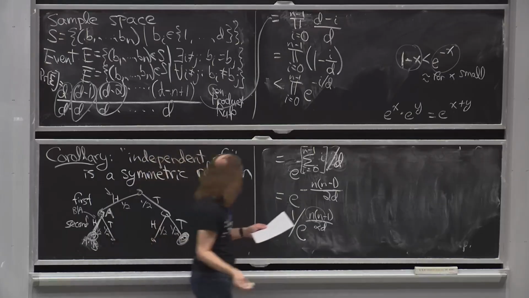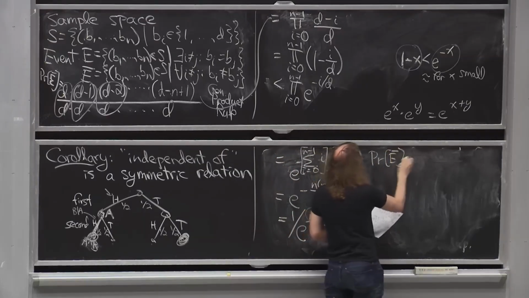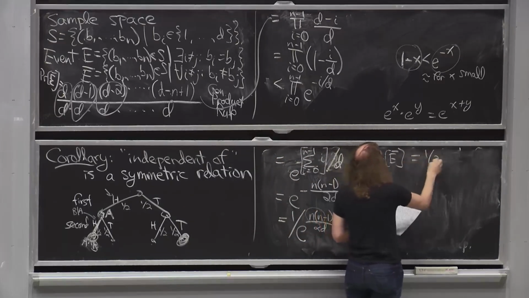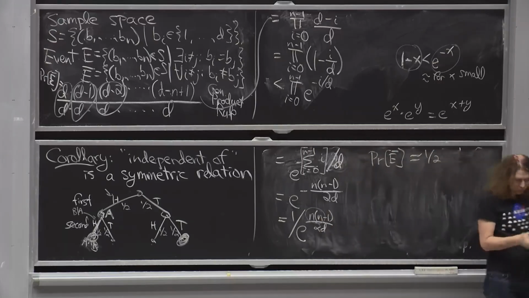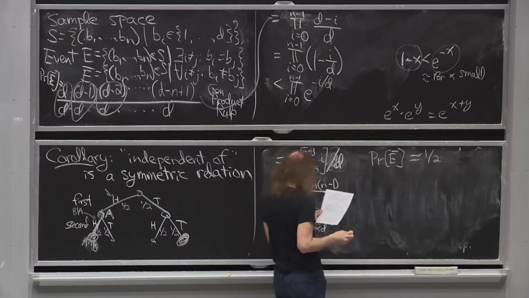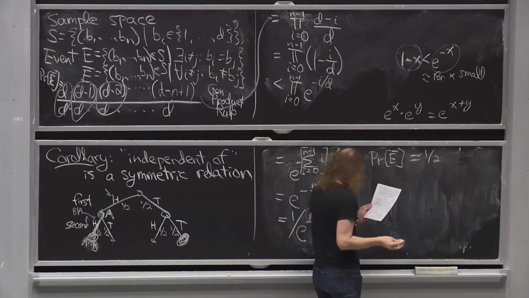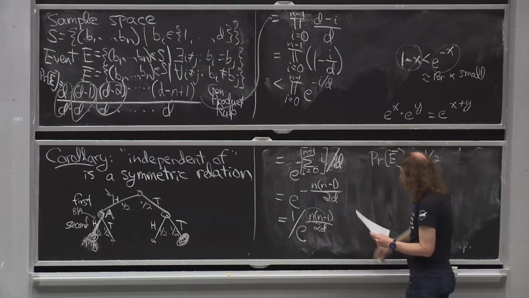So let's suppose that this probability is equal to a half, or roughly equal to a half. When does that happen? We did some approximation here with this less than, so this isn't going to be exactly right, but it's close. We want this exponential to equal 2.